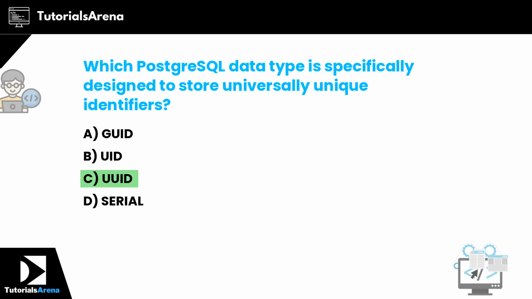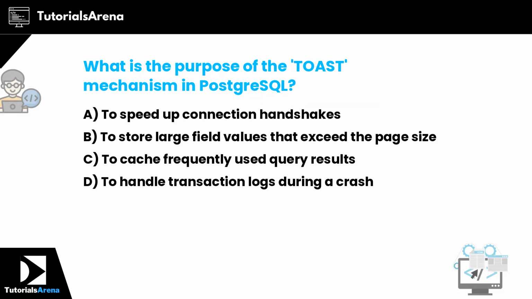The correct answer is option C, UUID. What is the purpose of the TOAST mechanism in PostgreSQL? The correct answer is option B, to store large field values that exceed the page size.